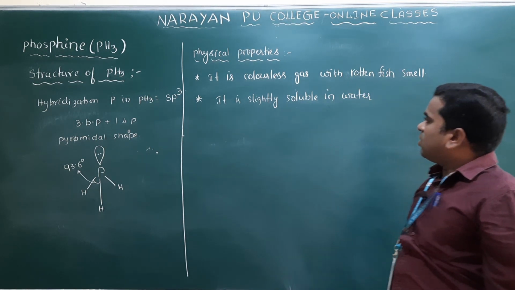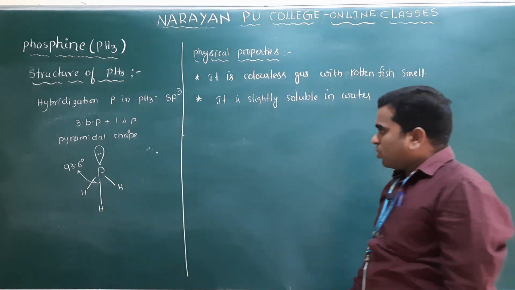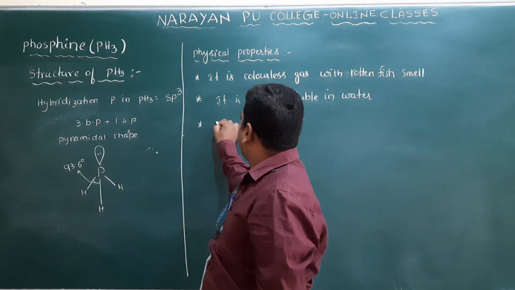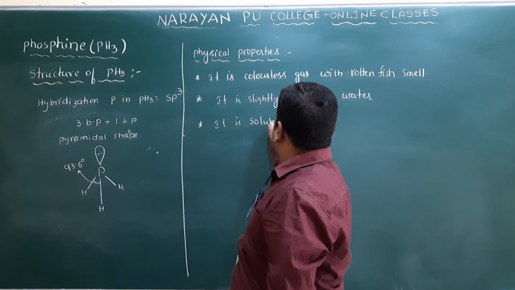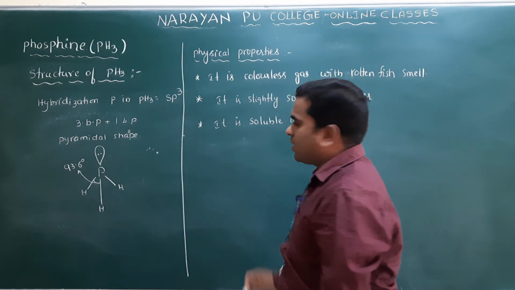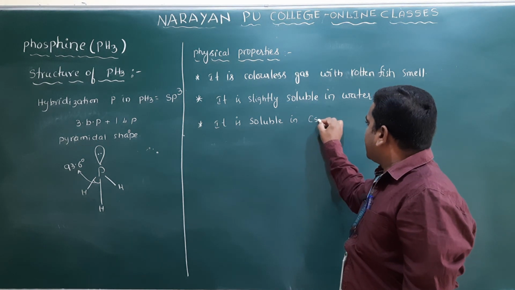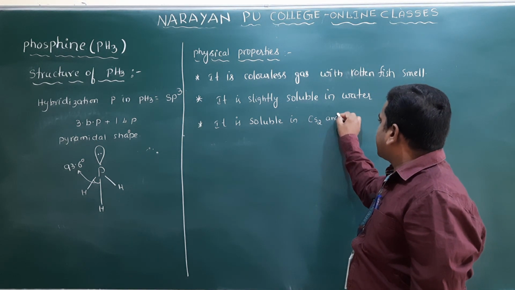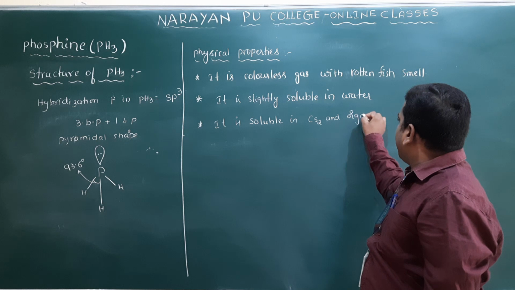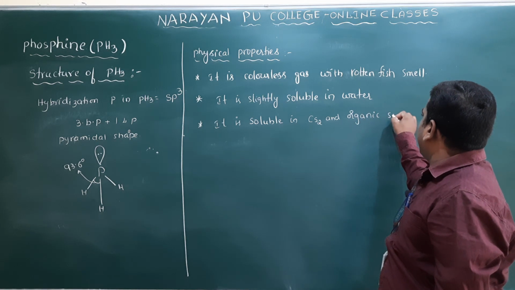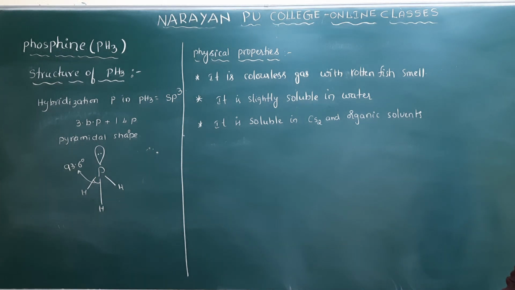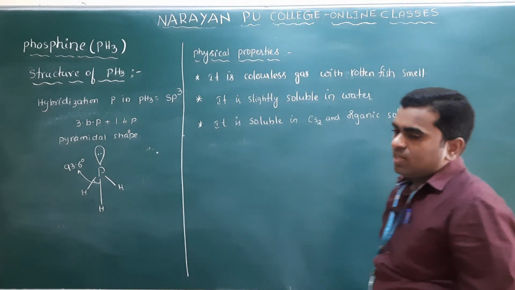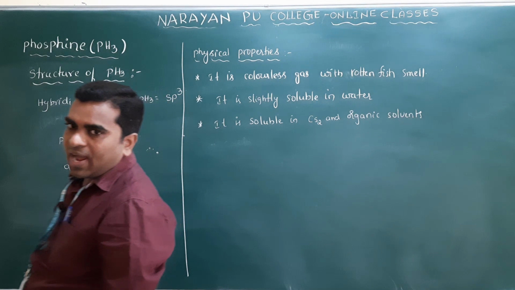It is soluble in organic solvents, mainly CS2, carbon disulfide. So this is about the physical properties and structure of phosphine.